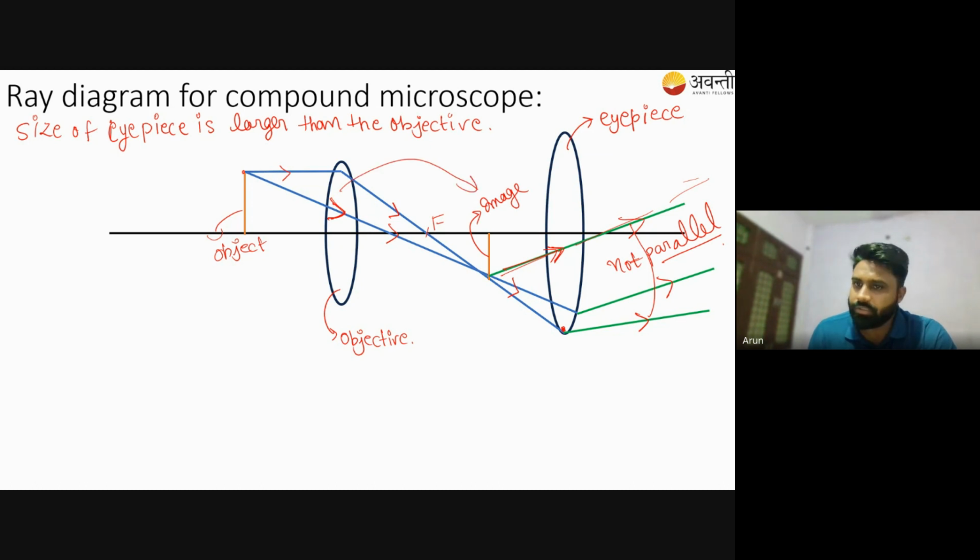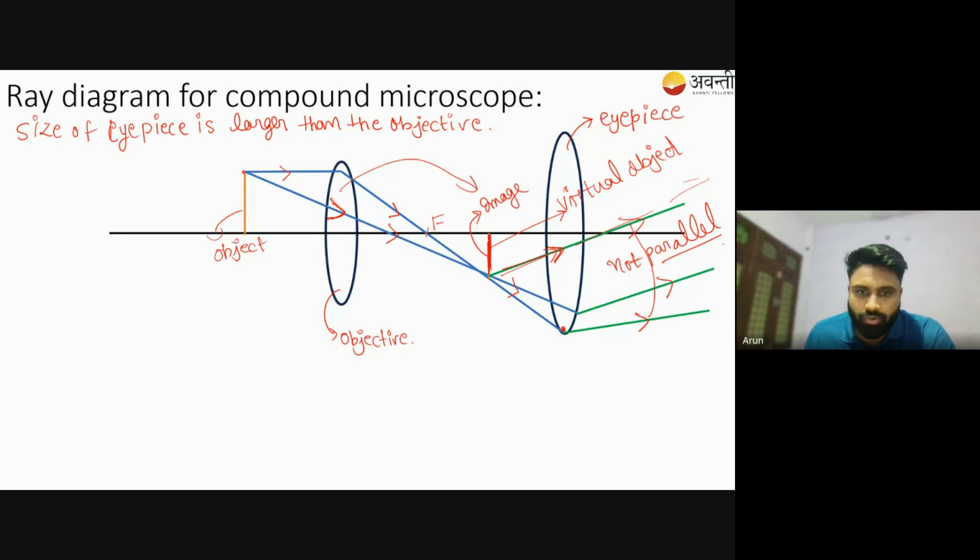This image works as the virtual object for this lens. There is no object present here, only the image is, but for this lens, it will behave as the virtual object.